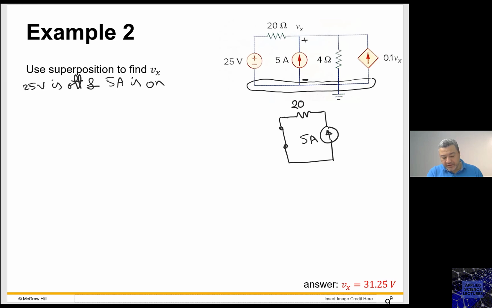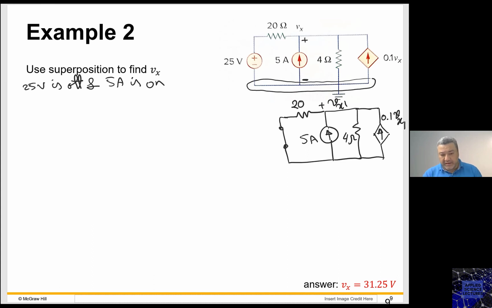This one is Vx1, 4 ohm. The dependent source here is 0.1 Vx1, right?